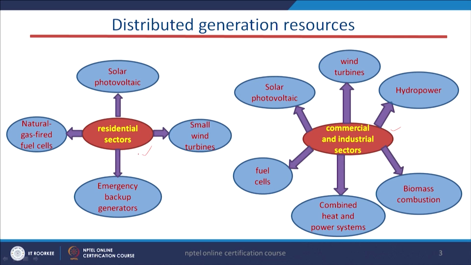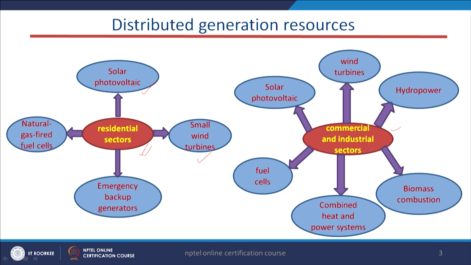If you see, in the case of the residential sectors, we have solar photovoltaic. Now, we are having rooftop solar systems. On the top of the roof of different homes inside the residential campus, we can put solar panels and harness the power from there.